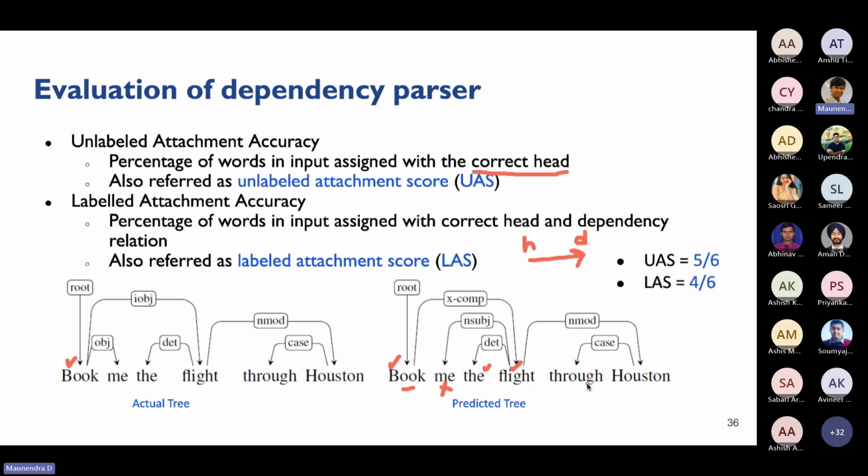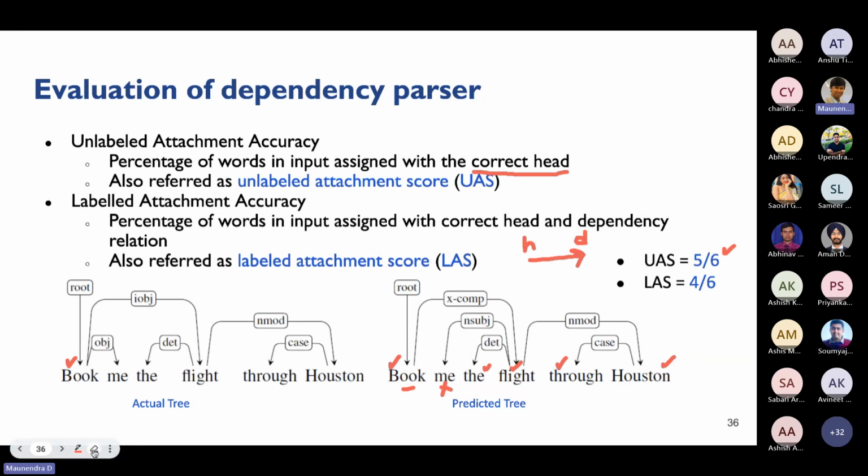Then for through, Houston is the head. Here also the same thing. So we have a match with the ground truth. For Houston, the correct head is flight, and here also it's the same. So this is correct. So out of 6, for 5 of them, we were able to match the word with the correct head. So the unlabeled attachment score becomes 5/6.